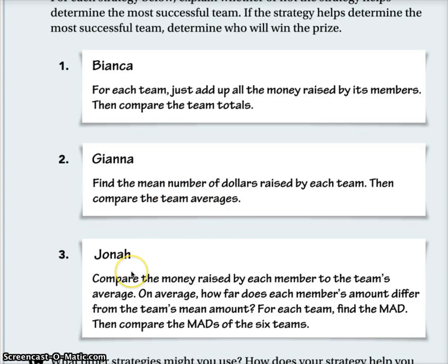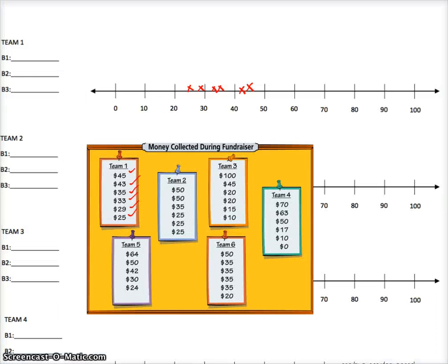And then for C, it says compare the money raised by each member to the team's average. On average, how far? This is saying the MAD. So we're going to find total, average, and then MAD. So it's a lot of practice with that MAD.